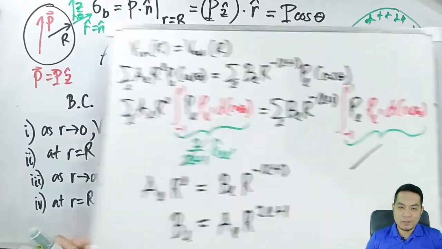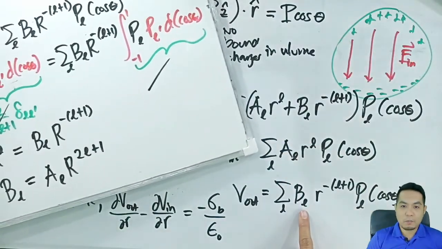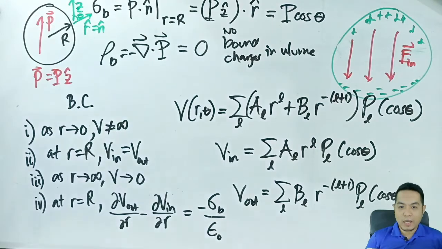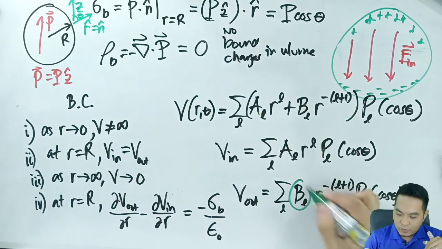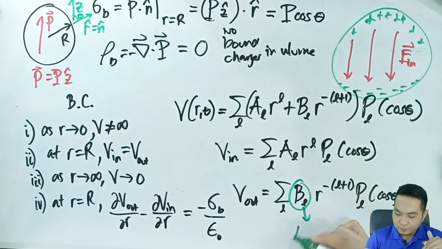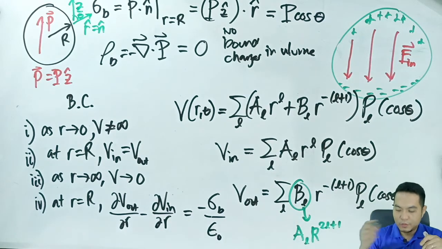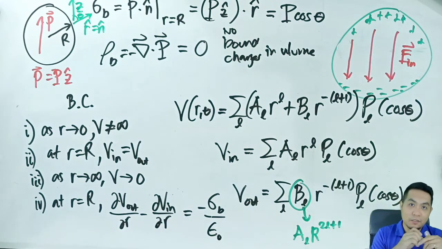Meaning, I can just replace BL here by AL R to the 2L plus 1. And my only unknown now is AL.